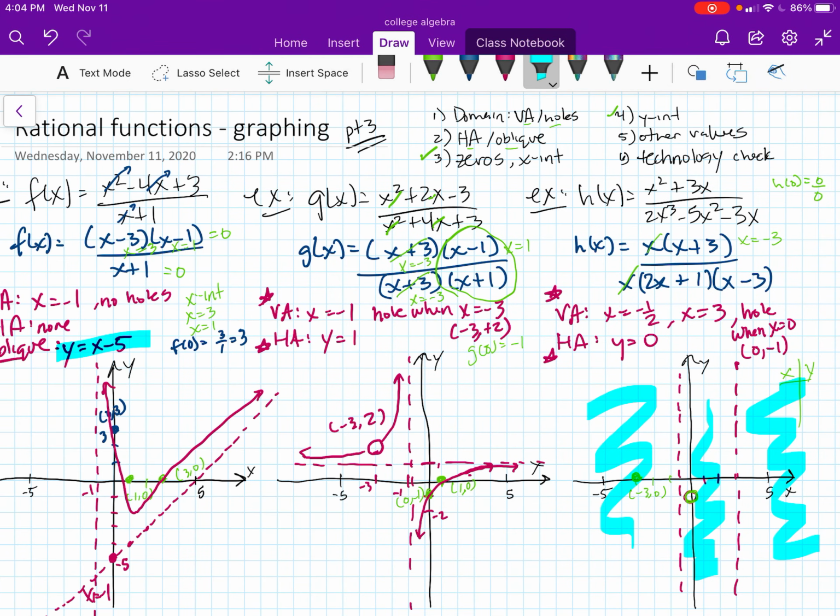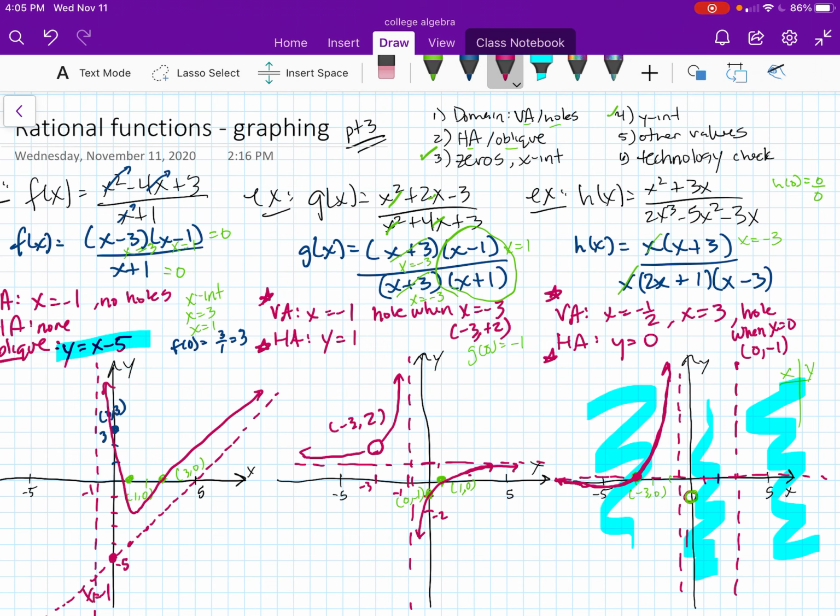Alrighty. And the last thing is, I didn't draw it in here, but there was a horizontal asymptote of y equals 0. As we saw, this left region has an x-intercept, right? And that's okay. Whatever it does, as it goes backwards, it is going to approach 0 again.